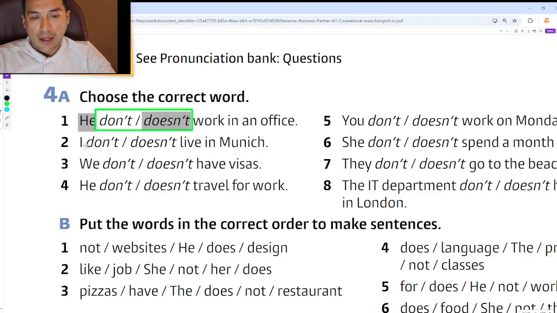Next, I don't or I doesn't live in Munich. I don't live in Munich. Number 3, we don't or we doesn't have visas.